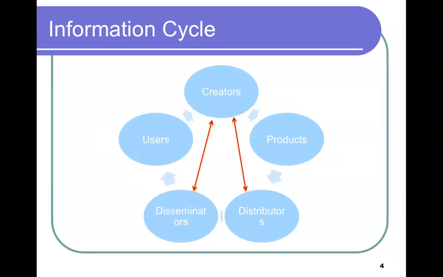In different forms, it can be a book, an article, a newsletter, or a database, journal, or periodical database. Then the product can be distributed either by distributors or by disseminators.